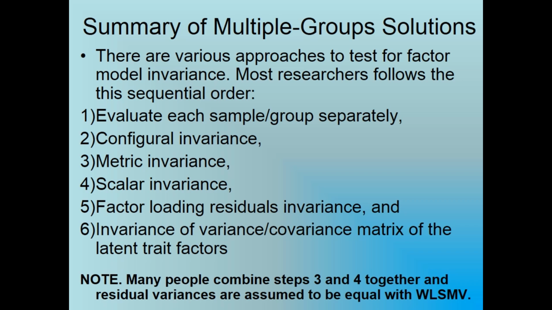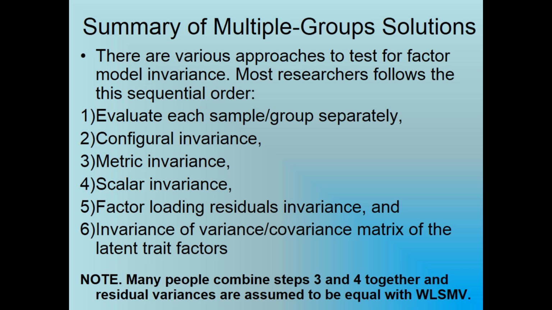Typically, I will test for metric and scalar invariance in tandem, all at once. So I'll force the factor loadings and the intercepts, or thresholds, if we had it categorical, to be equal across both groups. I will then compare the model fit for the metric and scalar invariance model to the configural invariance model.